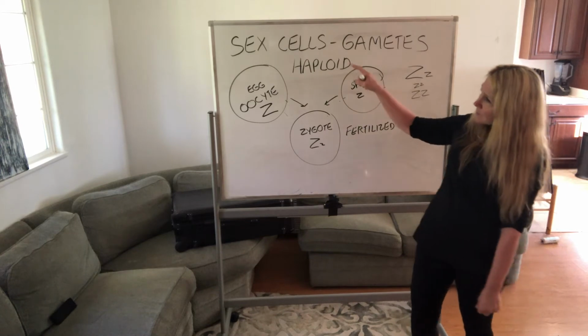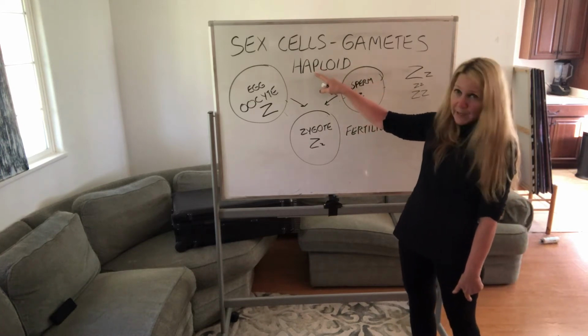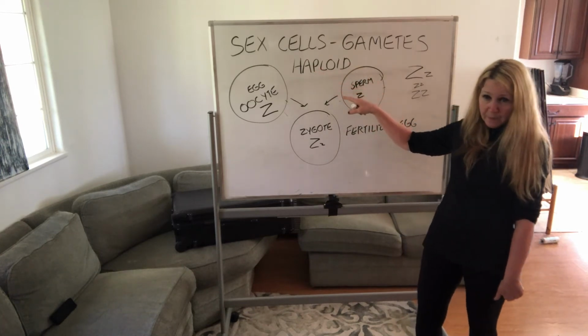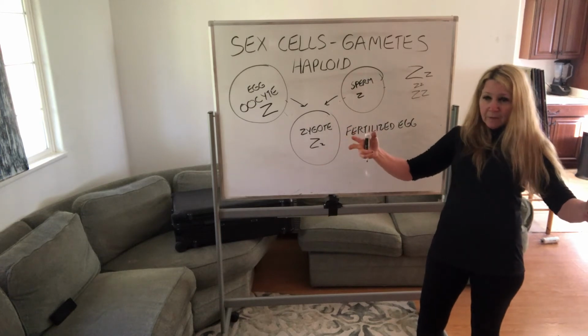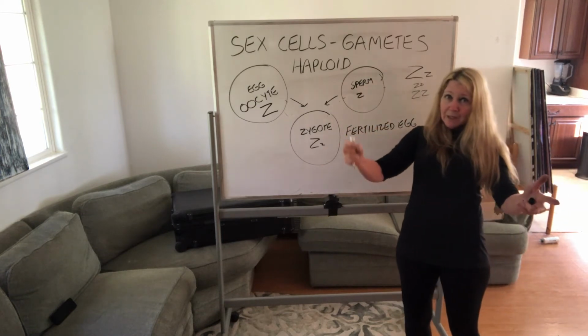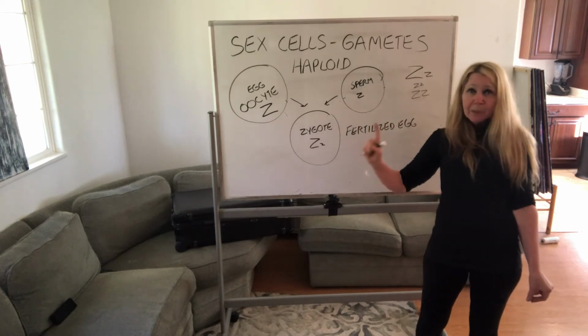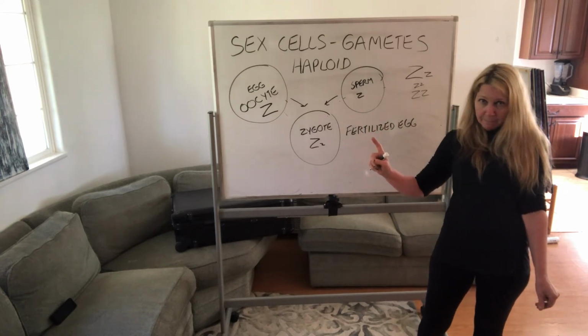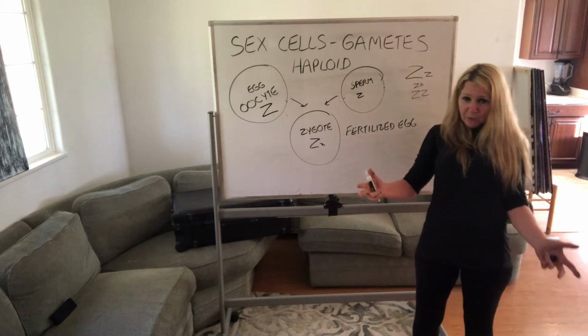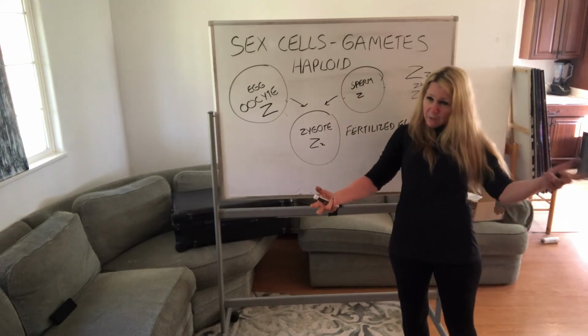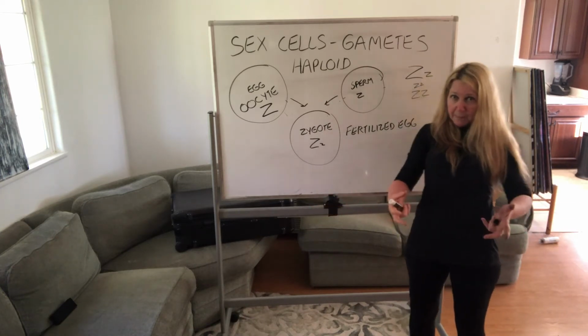So sex cells are called haploid cells. Think of haploid. They have half of the amount of DNA as other cells. In other words, they have only one copy of each gene. And that makes sense because during fertilization, they combine with the other sex cell and form a full copy.